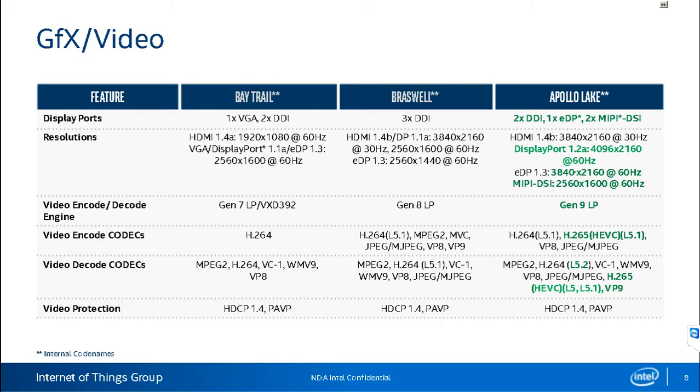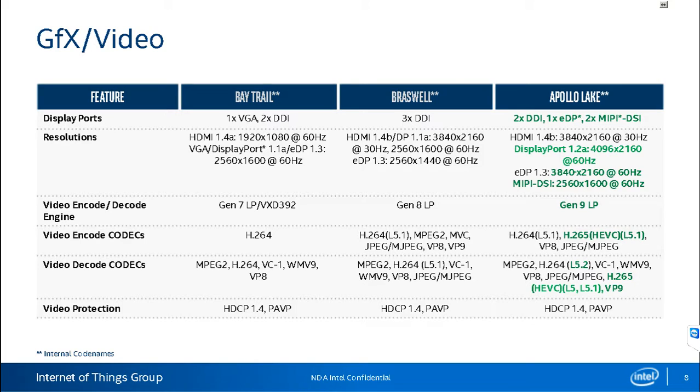Keeping on graphics and video, Apollo Lake comes with 2 DDI interfaces, 1 eDP, 2 MIPI DSI. That helps to create different connectivity on display ports and support different displays. Also, we support different resolutions.